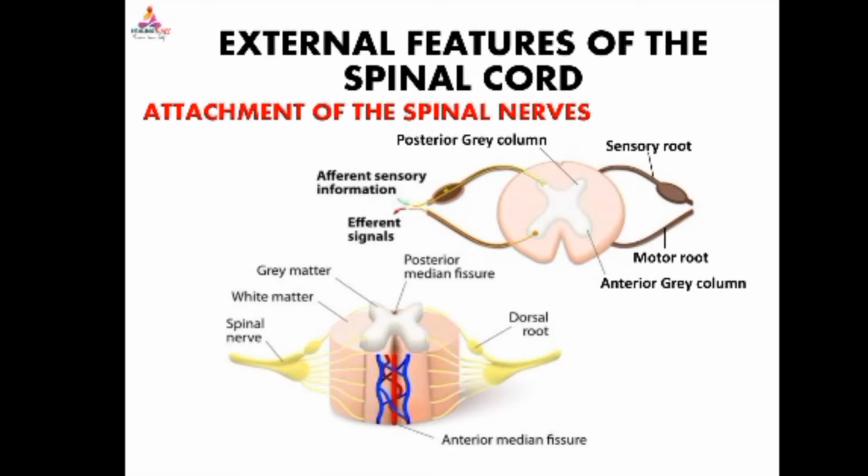Next is the attachment of the spinal nerves. 31 pairs of spinal nerves emerge from the side of the cord. Of these, 8 are cervical, 12 are thoracic, 5 are lumbar, 5 are sacral, and 1 is coccygeal.